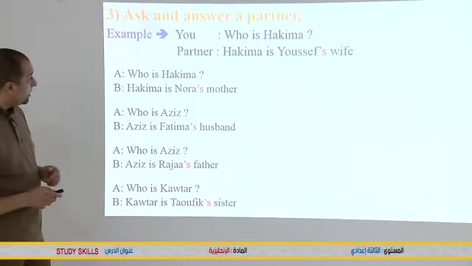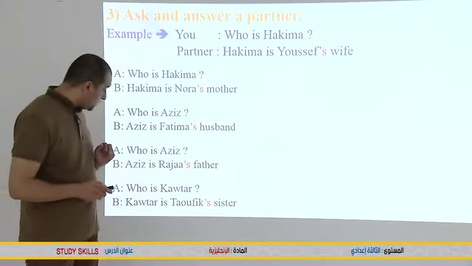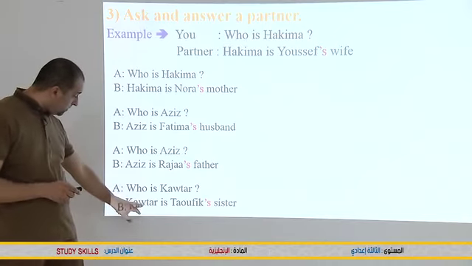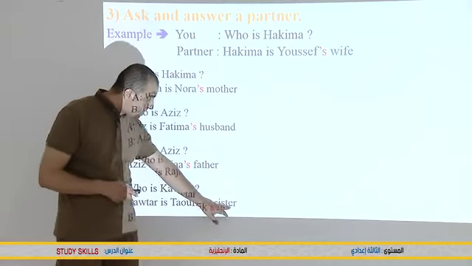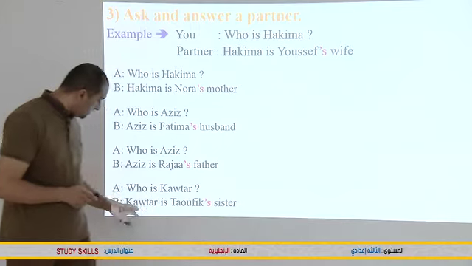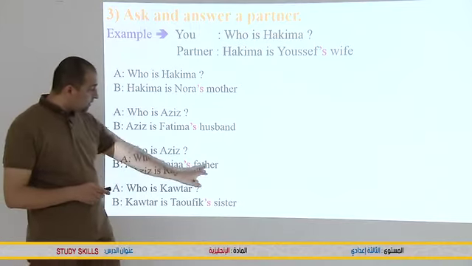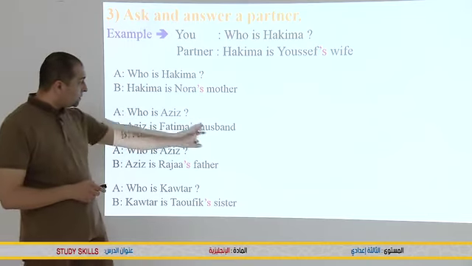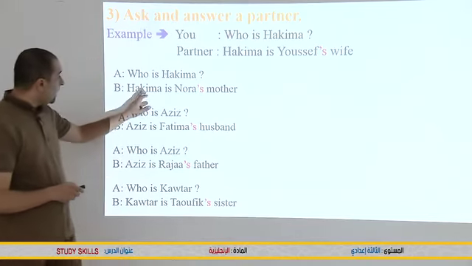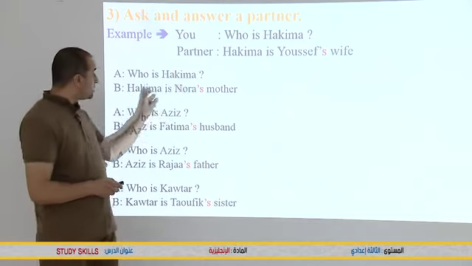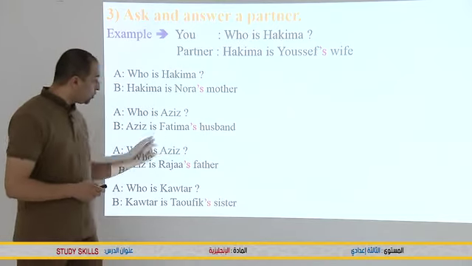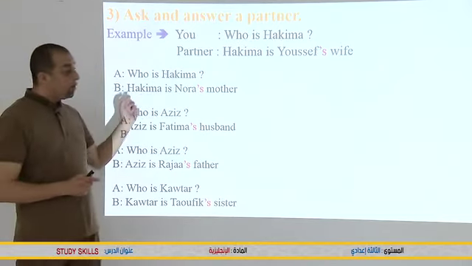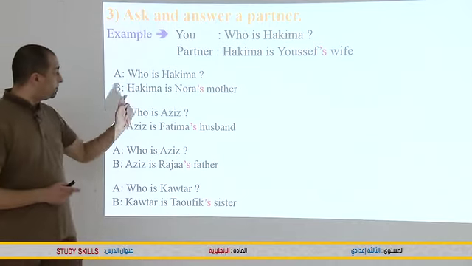So pay attention to that. When talking about Kautar, she is the sister. Aziz is the father, and also Aziz here is the husband. Hakima is the mother. So these words should be feminine or masculine, matching the person.